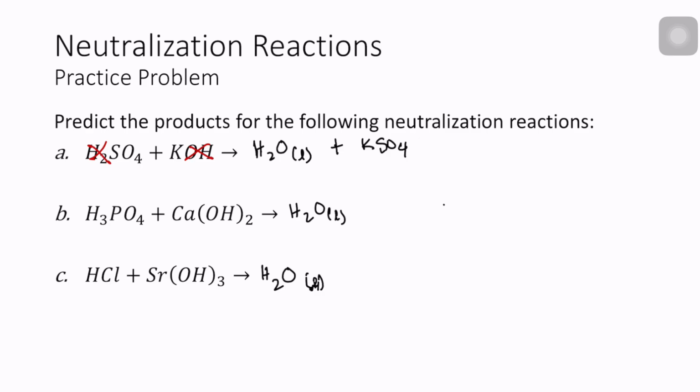So that means the charge on sulfate is going to be 2 minus. Potassium is also a plus 1. So that means we're going to need two of them as well. Now, to balance all of this, I would put a 2 in front of my potassium hydroxide, and then I would put a 2 in front of my water.